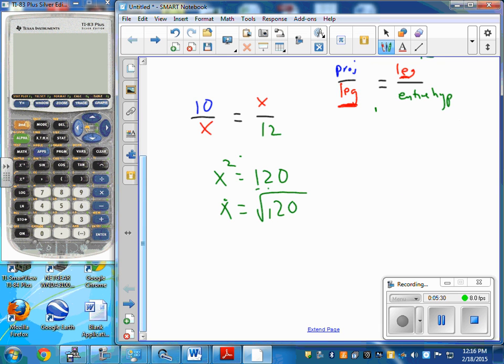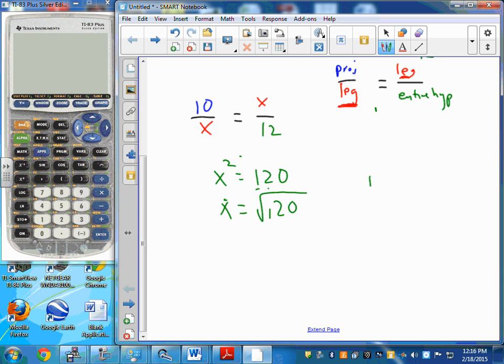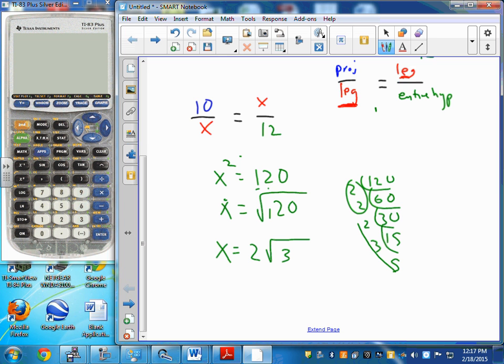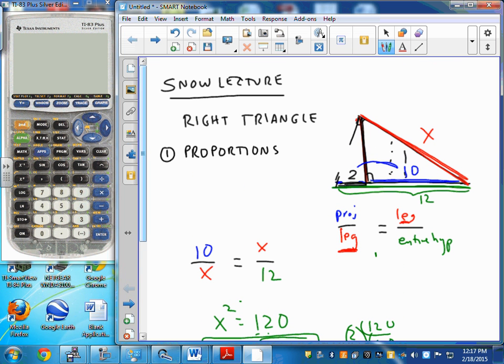Again, you should clean that up: 2 goes into 120, and 2 goes into that, and then 3 and 5. I only see a single pair, so x is 2 times the square root of 30. That would be a good way to finish that problem given that picture.